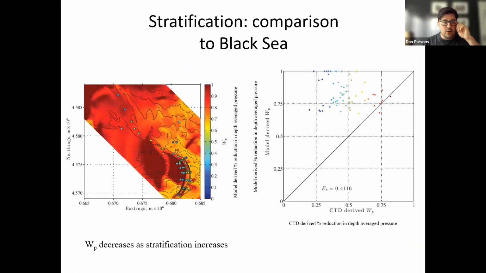And then we can start looking at what that actually means in terms of model versus the density from the CTD. Then we can look at the fit to see what stratification is needed in the model to achieve the results we see in the field. That's a really powerful way to start exploring how important stratification of these velocity fields and salinity fields are in controlling the patterns of fluid flow across this Black Sea shelf.